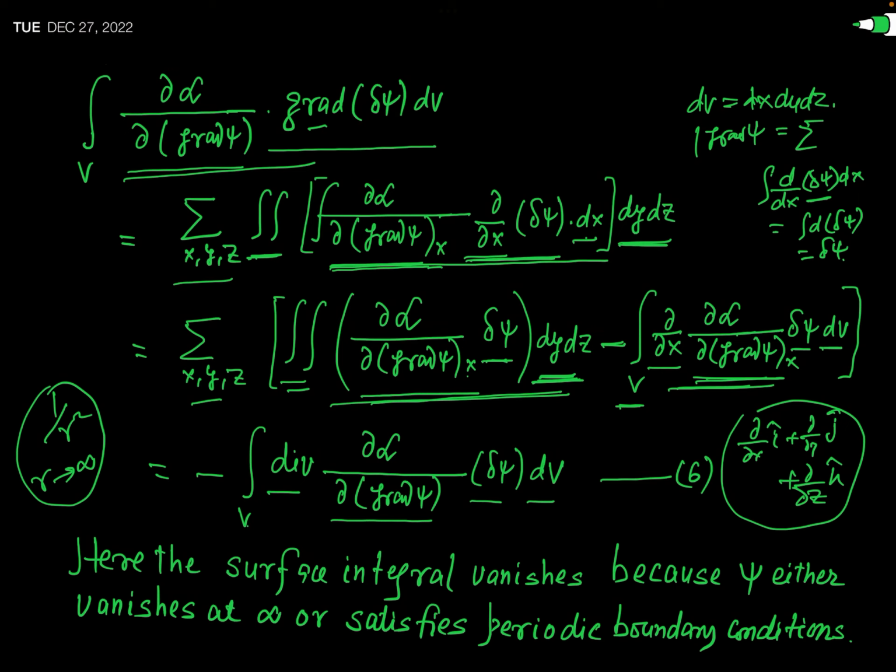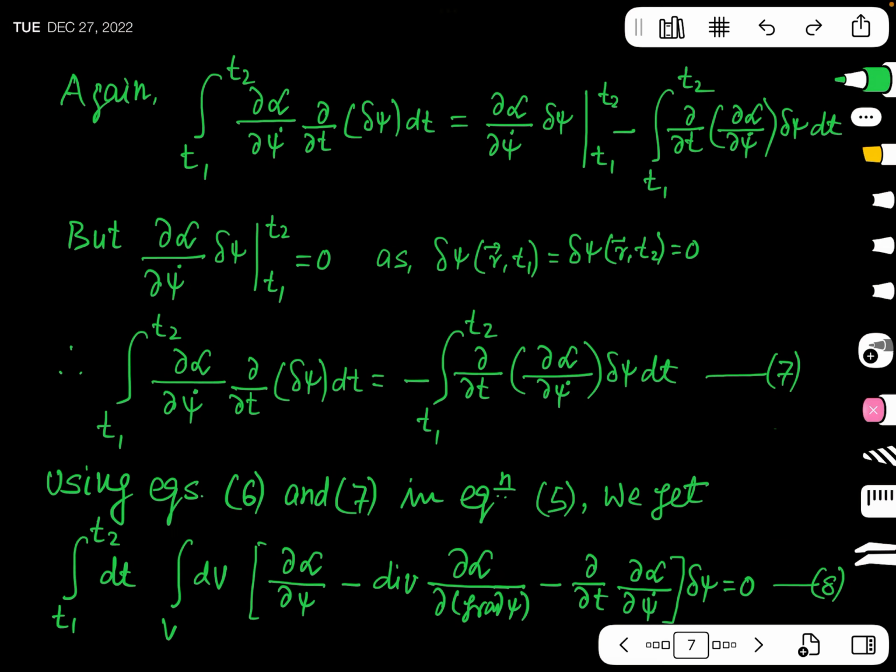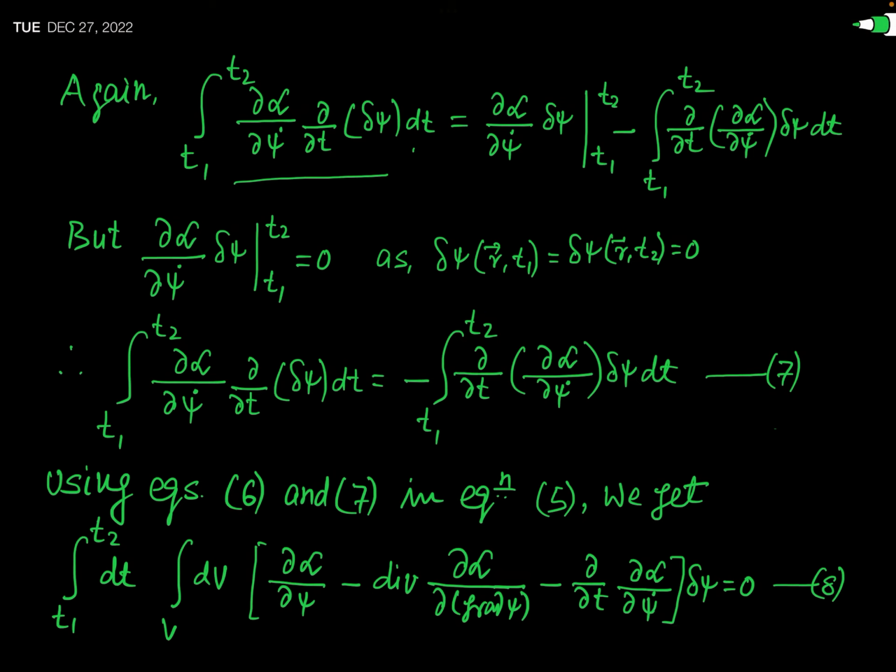Now in a similar manner we will obtain the integral of the third term. You can see here this integral from t1 to t2 del L by del psi dot del del t delta psi dt. Our aim is to evaluate this integral. Let us see. Here we will again consider that this del L by del psi dot is the first function, and this del del t delta psi is the second function. Again use the rule of integration by parts.